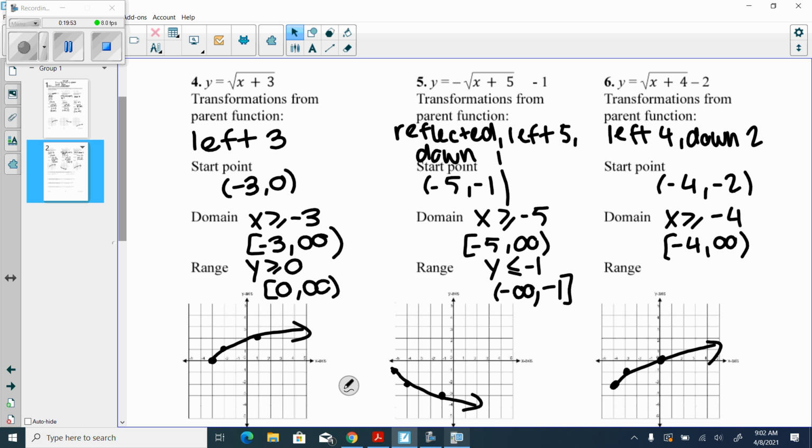Okay. And again, my range will also be similar to number 4, but instead of y's lowest value being 0, its lowest value now is negative 2. So that's what I'll plug in place of 0. All right.